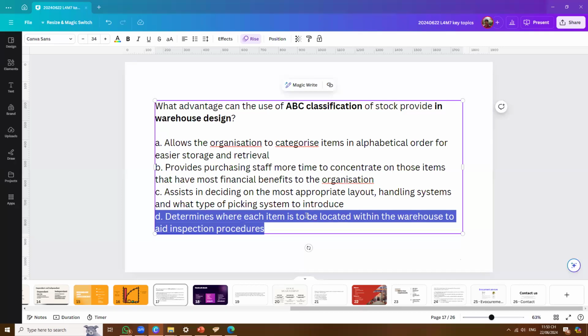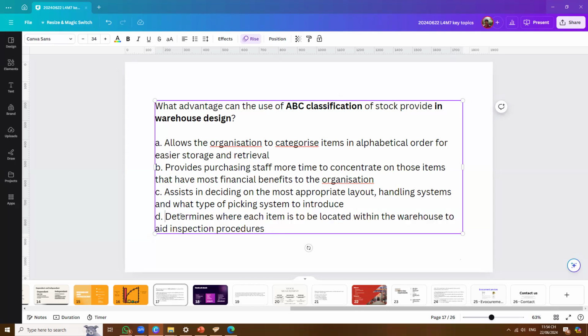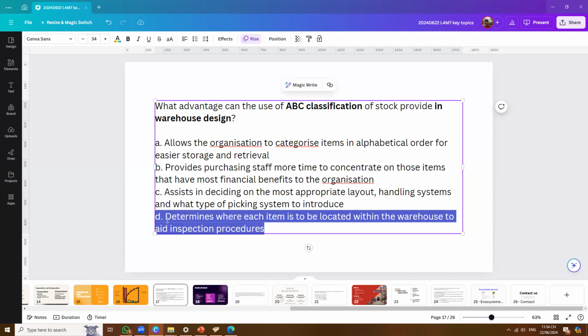D, of course ABC also assists this, just like John said, because ABC is also about the turnover rate and the speed of movement of the item. Higher demand items like A items need to be located closer to the door, right? But D is about determination of the location of items, not the design. The design is about the layout, the size, the racks, the shape of the warehouse.